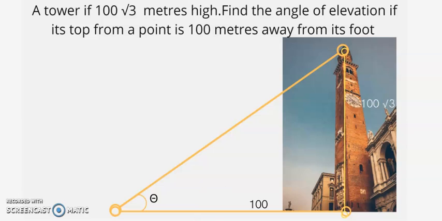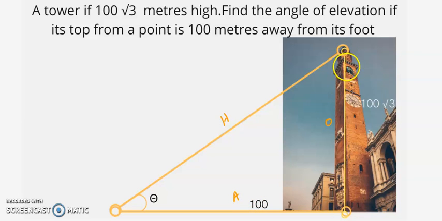We have to apply the trigonometric rule here. This is the opposite, this is the adjacent, and this is the hypotenuse. Right now, I have been given the opposite and the adjacent. So which trigonometric rule will be applied here?